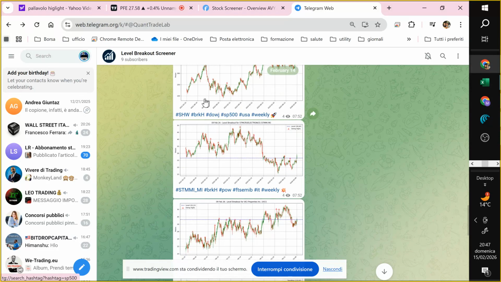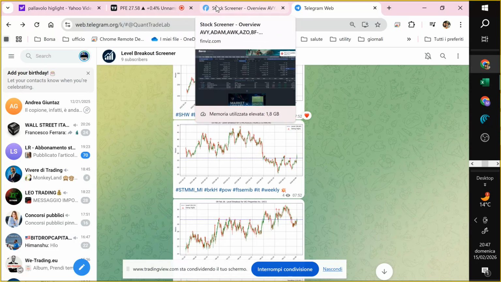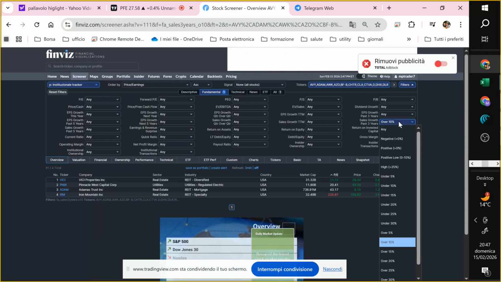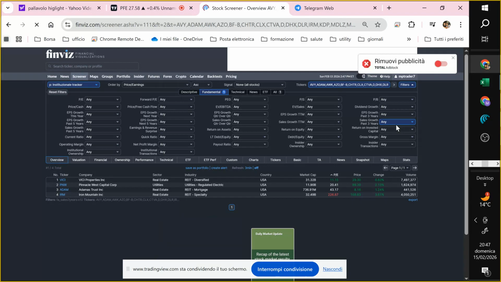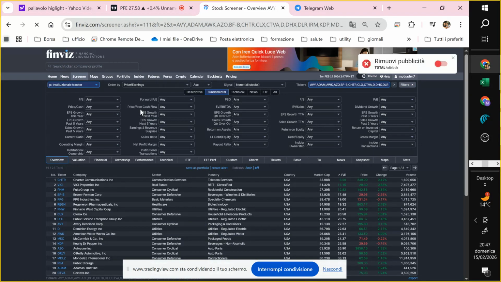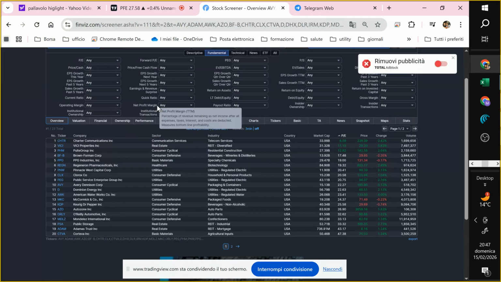So in our approach, we follow the stocks with Finviz. The screener is very good because we receive many signals, 24 for this week.